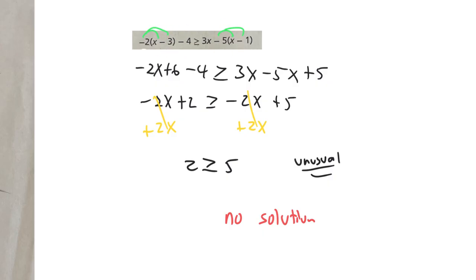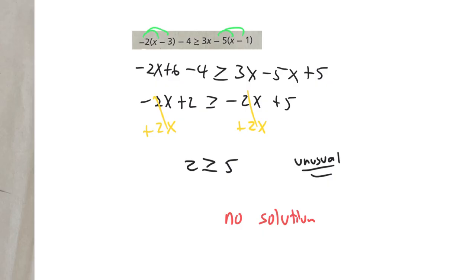It doesn't matter what x you plug in. You could plug in 0 for x, you could plug in 3 for x, you could put in negative 500 million for x, and under no circumstances at any time ever will this side of the inequality be greater than or equal to this side. So that's why there's no solution.